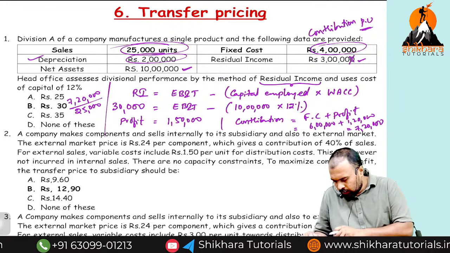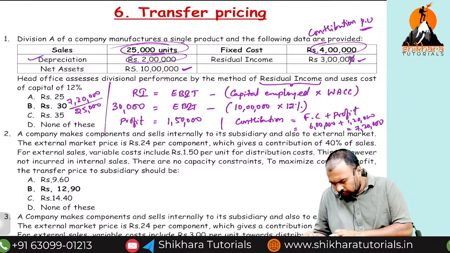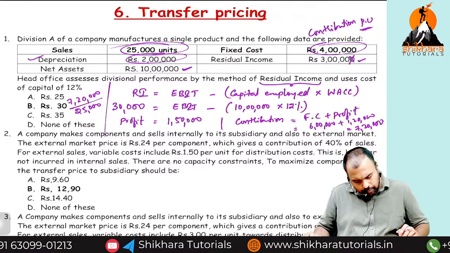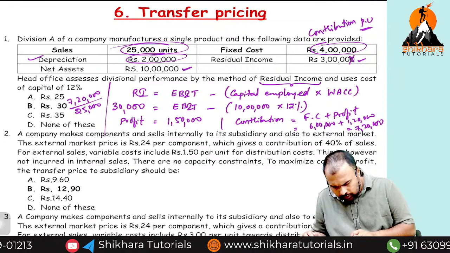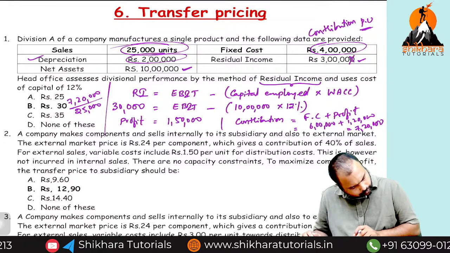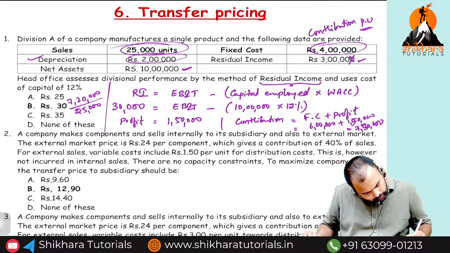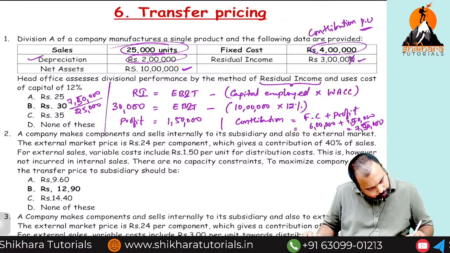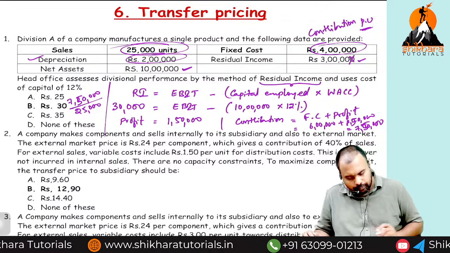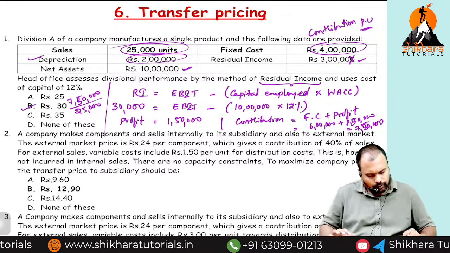Sorry, the profit is 1,50,000, so contribution is 7,50,000. 7,50,000 divided by 25,000, then it has to be 30. Clear?